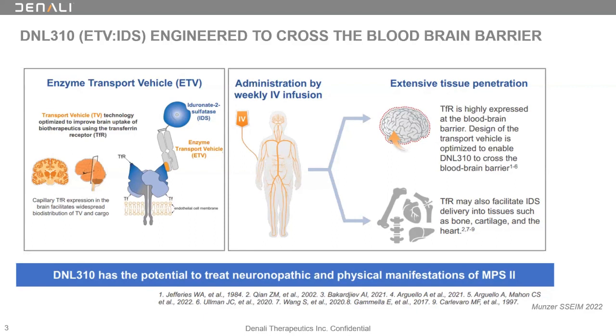What we expect is, IV delivery of the ETV molecule will address the enzyme deficiency in all peripheral tissues, but more importantly, address the deficiency in the CNS. And that is the MOA of the particular molecule.